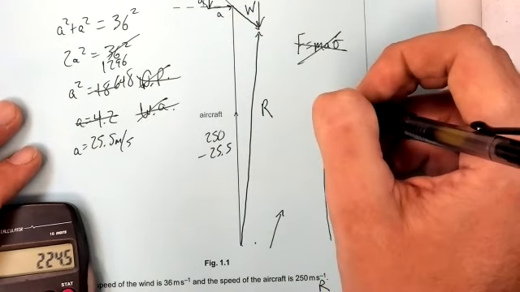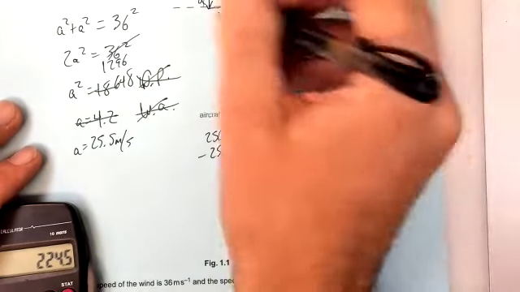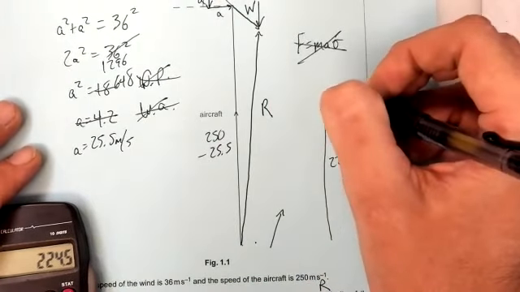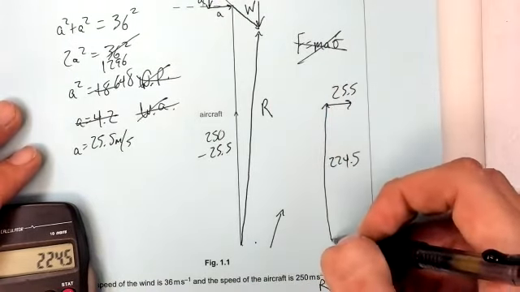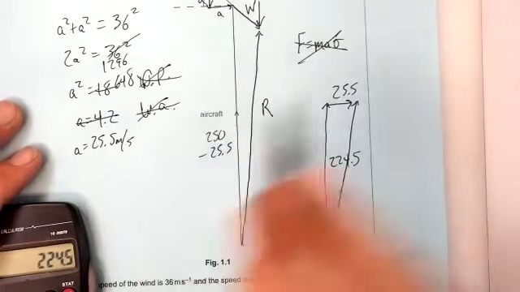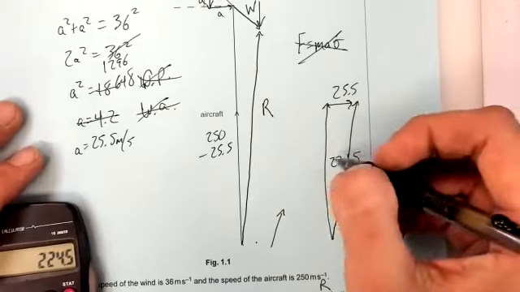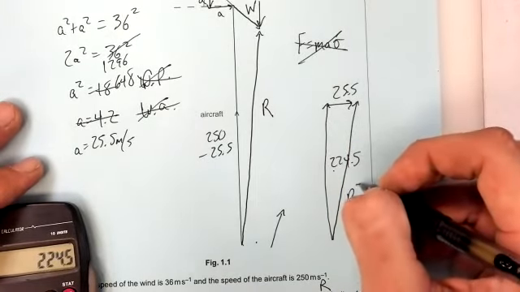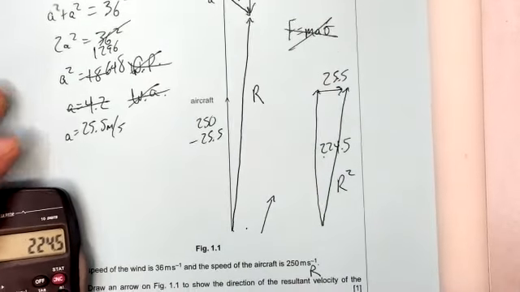There's also a component moving to the east that's equal to the same 25.5 meters per second. And so there's my resultant again, kind of going up like that, in that same direction. Now I should be able to calculate a squared plus b squared equals c squared, or r squared.